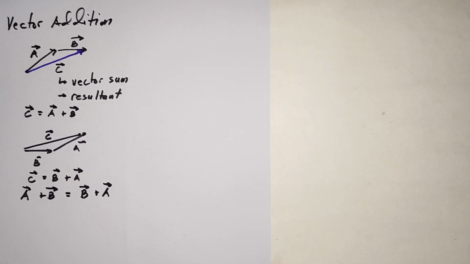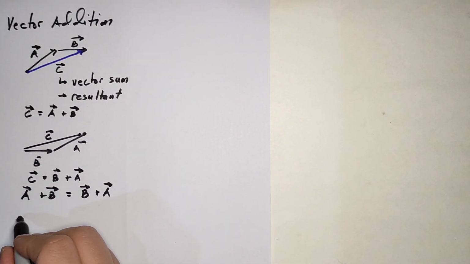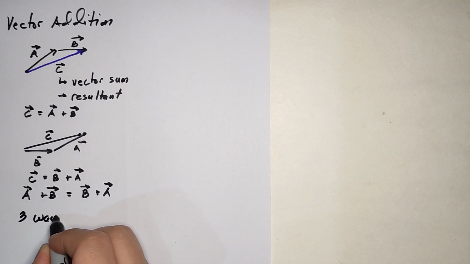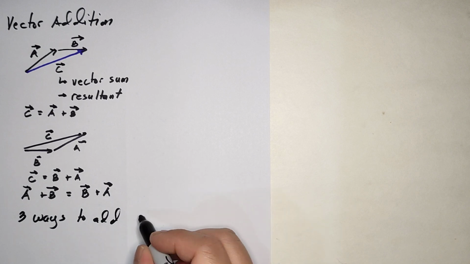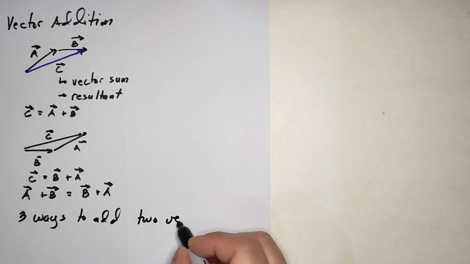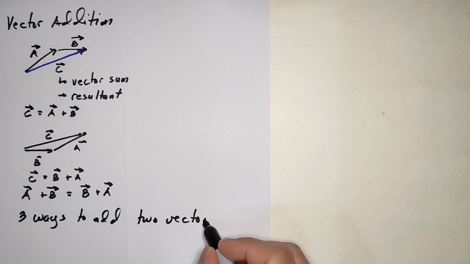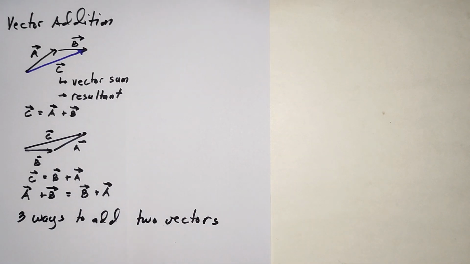Now let's proceed in 3 ways to add two vectors.